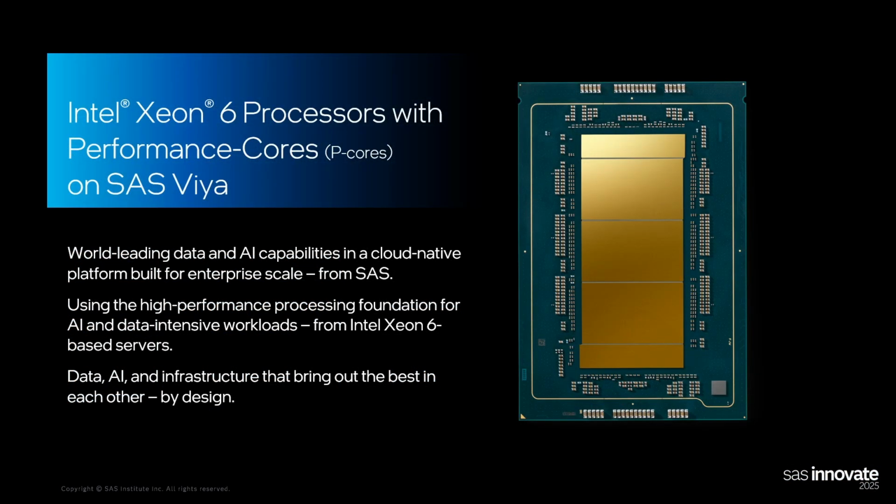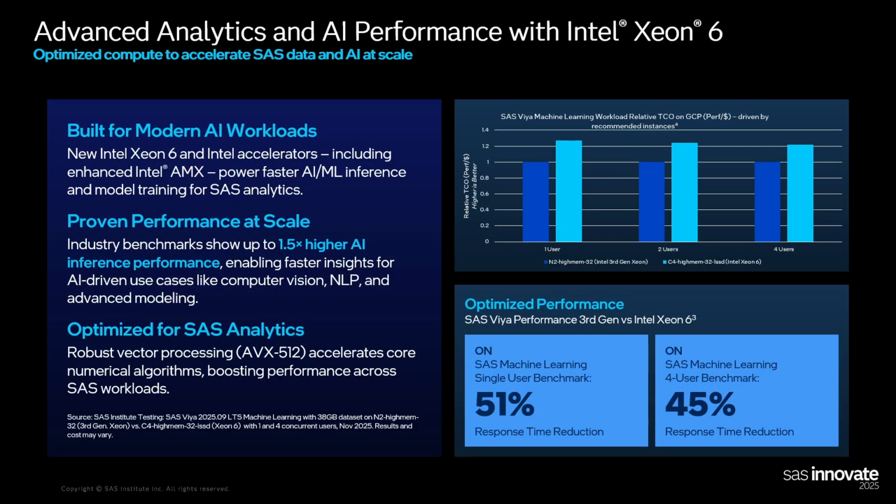Xeon 6 we've been talking about. Xeon 6 has been evaluated by SAS, and in GCP, the C4 instance is what was tested. Some of this holistic workload boost that we are getting gen over gen shows with limited users to scaled user benchmarks, where there is up to about 51% improvement in performance compared to N2 instances, which are about 2 generations old.